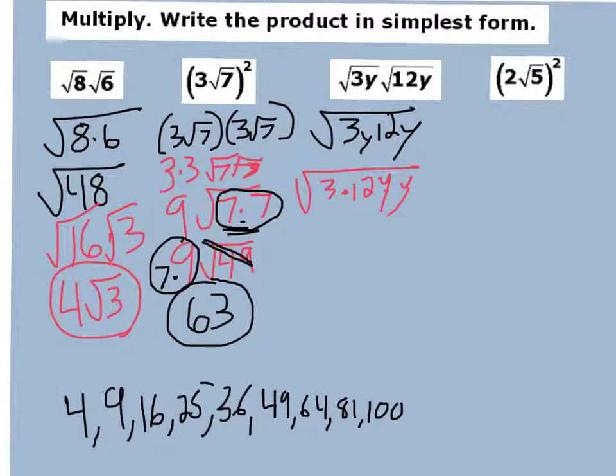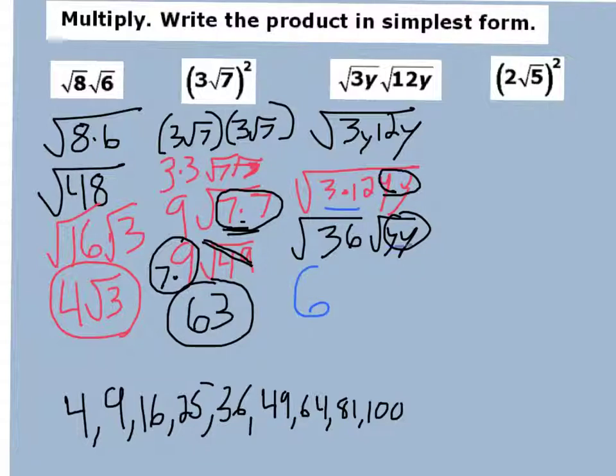I can circle my two y's, so that will be able to come out. And 3 multiplied to 12 is 36. So I can square root 36. The square root of 36 is 6. And I have one pair of y's. So everything's out of the radical.